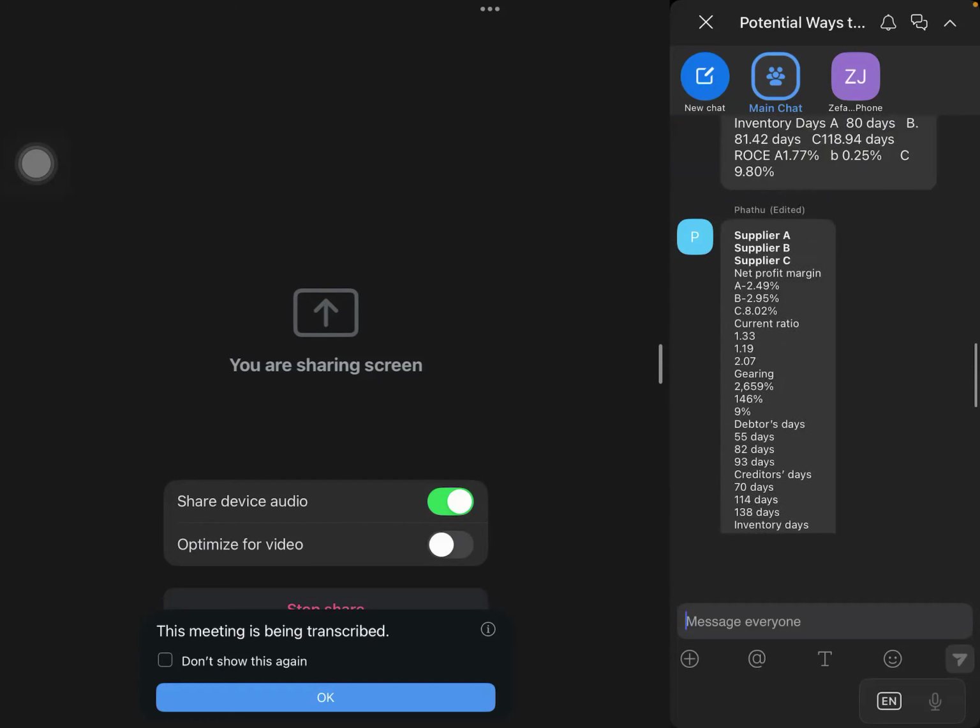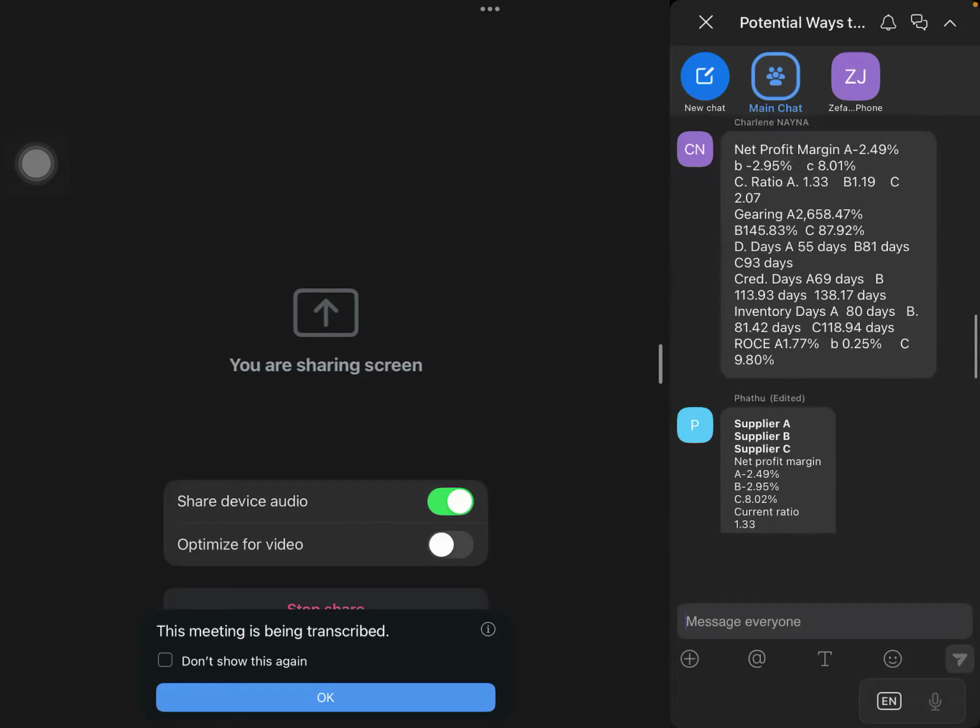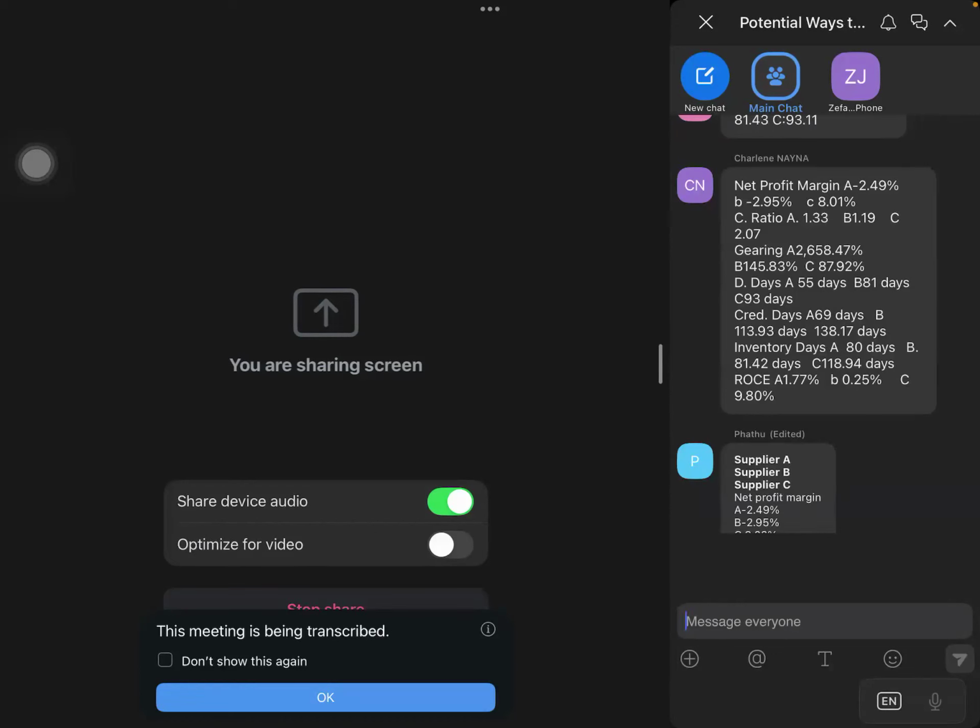Okay, very good, Fatu. For Charlene, net profit margin correct. Current ratio, correct. Gearing, good. Debtors days, correct. Creditors days, also correct.